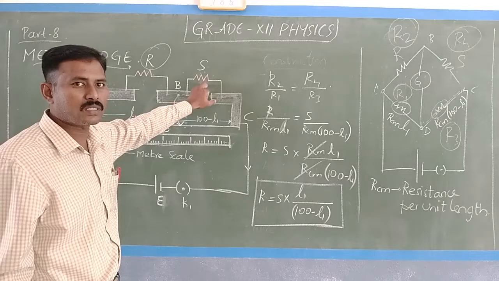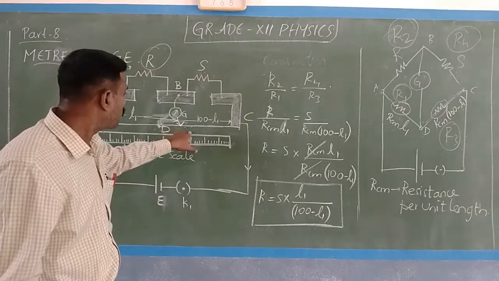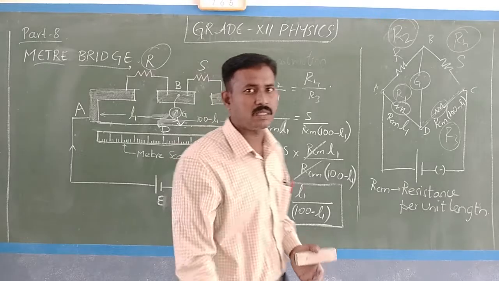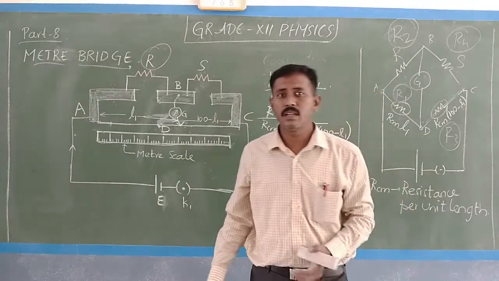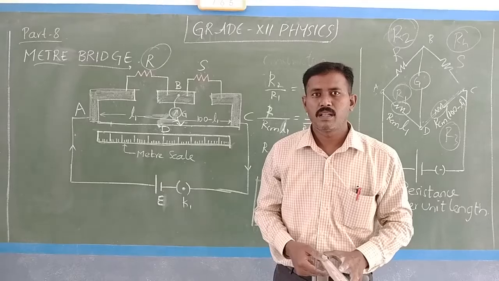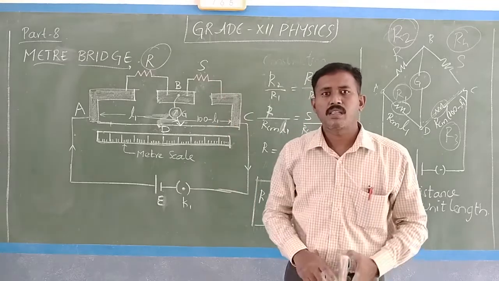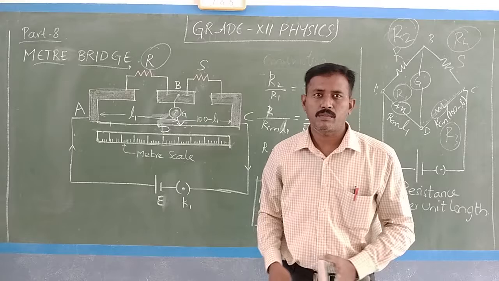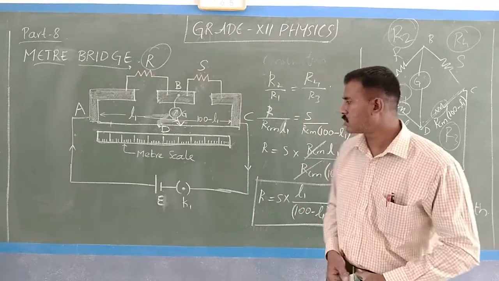So this S also controls the range of L1, because this is a resistor. You may have a question: does the value of S control the range of L1? Yes. The value of S will control the distance of L1. So that is the entire concept.